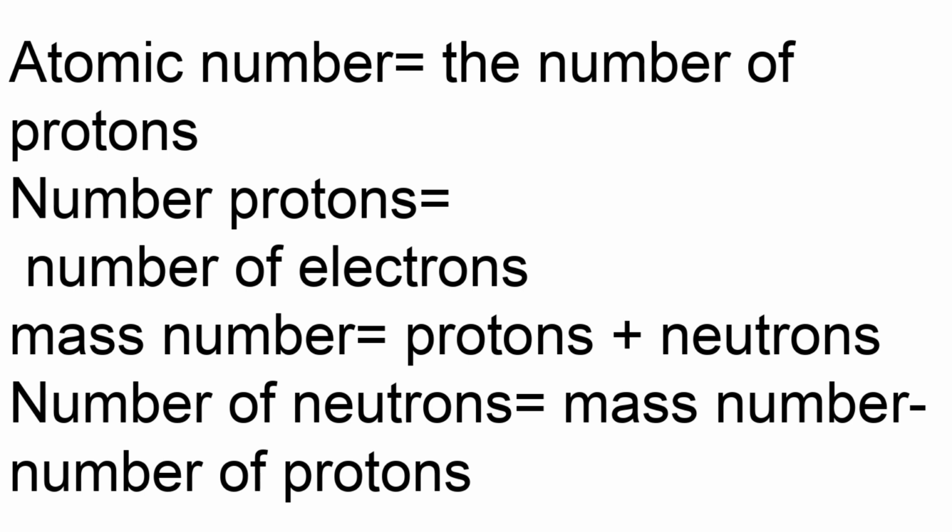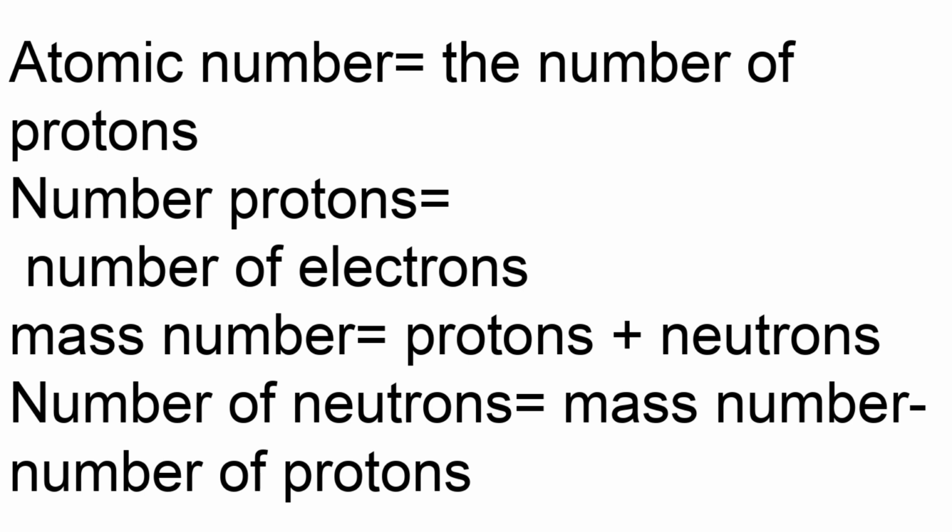Mass number is protons plus neutrons. Number of neutrons is equal to mass number minus number of protons. When getting the mass of an atom, the mass of electrons is ignored because it is infinitely smaller or negligible.